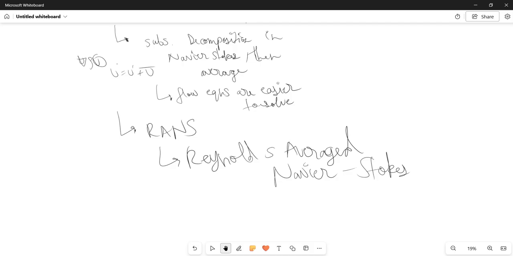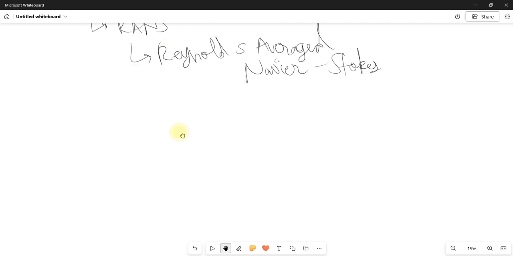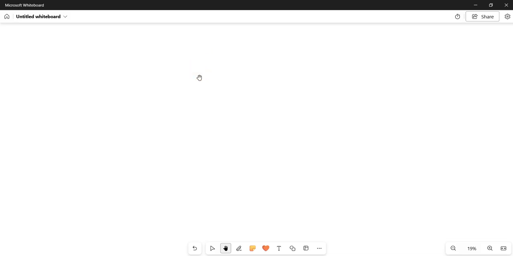That is your Reynolds averaged Navier-Stokes equation, right? So this is your RANS model. Now, when you do the averaging or the RANS part, you encounter Reynolds stresses. This problem, we call it the closure problem.